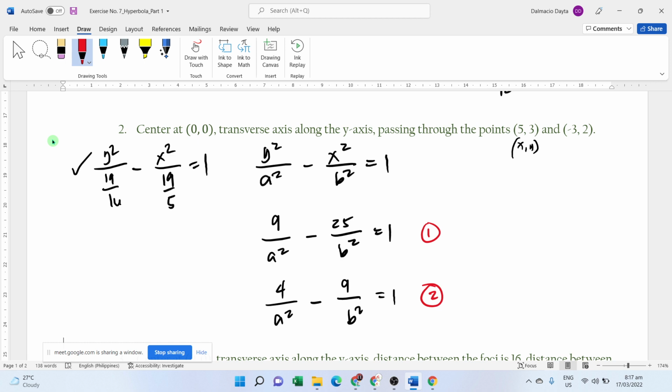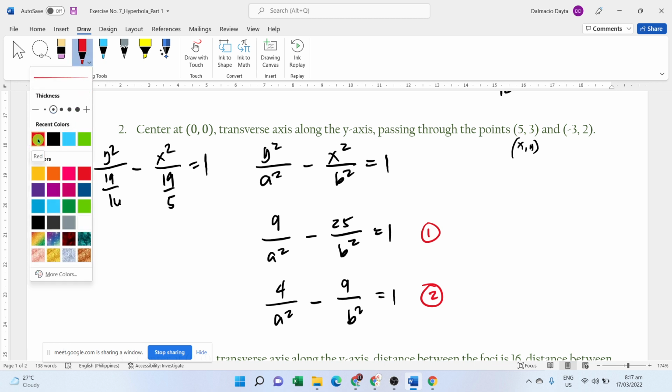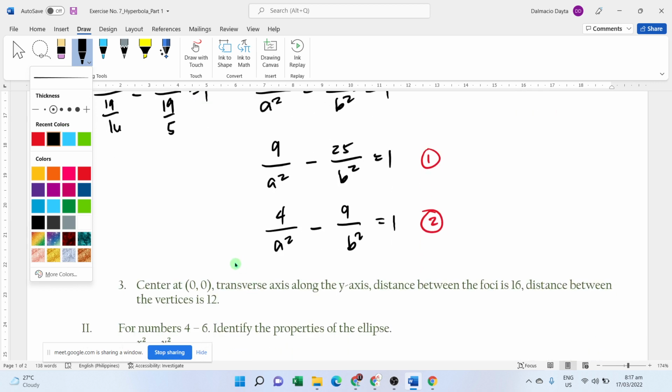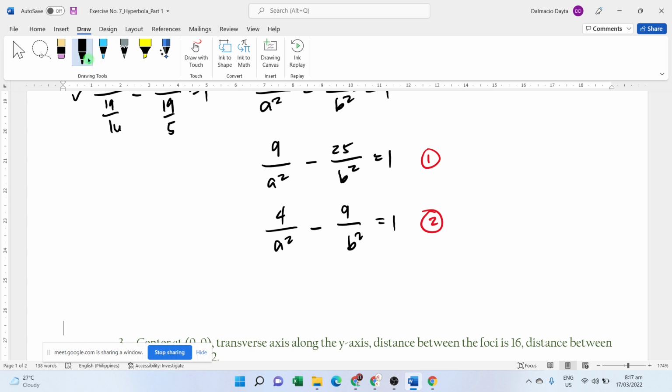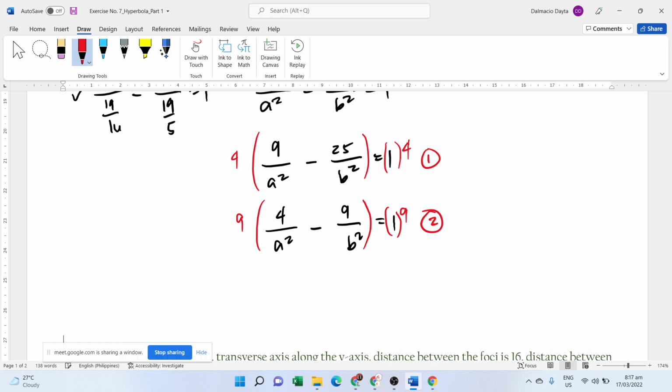Now let us do solution by elimination. Look at the term with denominator a squared. If we multiply all terms of equation 1 by 4, and equation 2 by 9, then we will produce another set of equations with the same first terms.